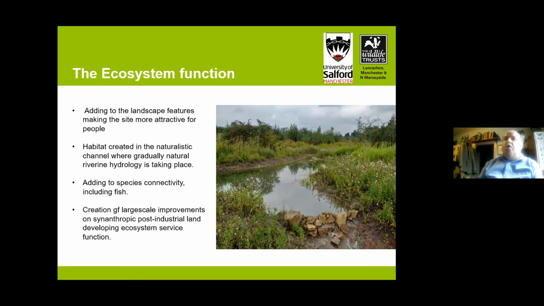So it's really quite a large project, and we've done similar projects on other sites throughout Wigan. So there's a lot more of this sort of re-meandering, repooling, and this is allowing species to move through the landscape so much more effectively, and it's increasing the amount of people wanting to visit the sites.